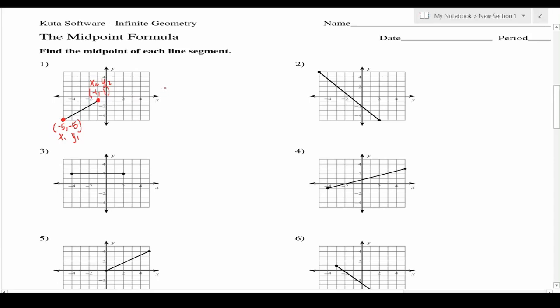Let's go ahead and write down the midpoint formula. Again, it's big M equals x1 plus x2 divided by 2, y1 plus y2 divided by 2. Let's plug things in accordingly since we already labeled everything on the graph.